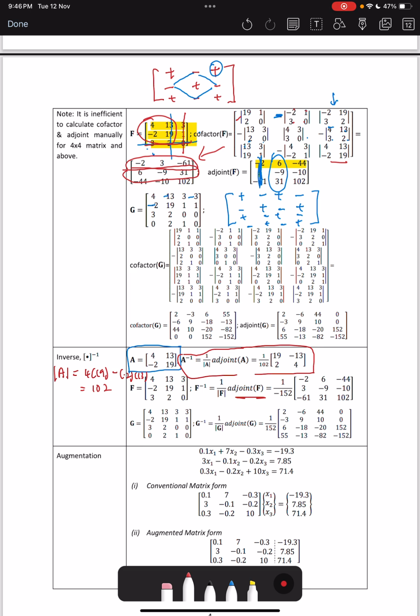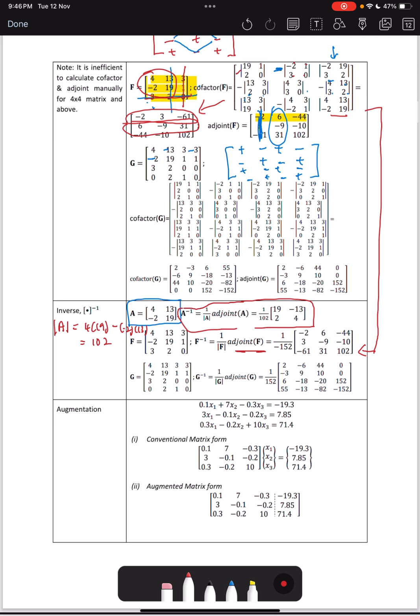But again, 2 times 2 is quite simple to get, but for 3 times 3 you need to do it this way to get the adjoint of that matrix. Same goes with the adjoint of the matrix G here if you have a 4 times 4 matrix in this example.